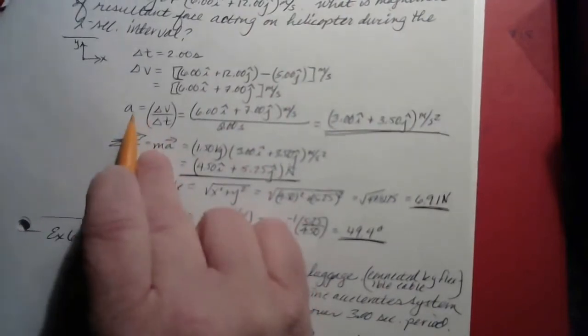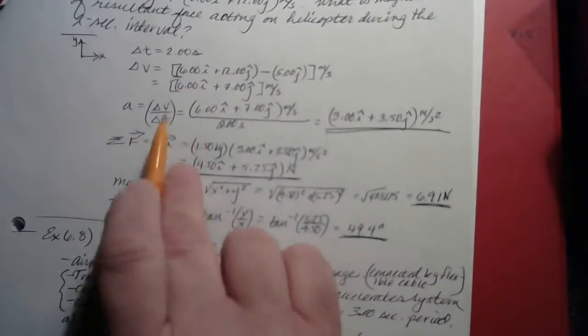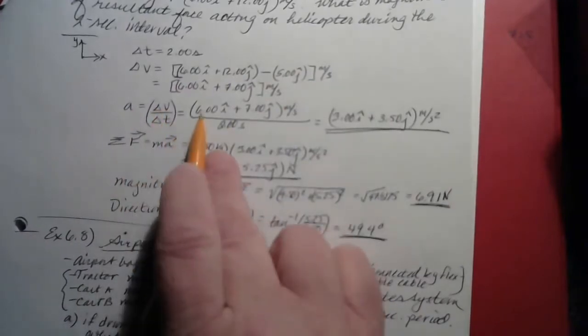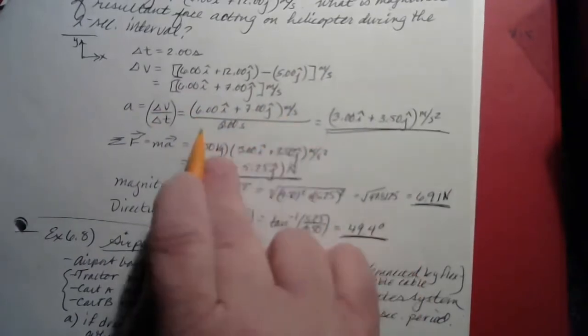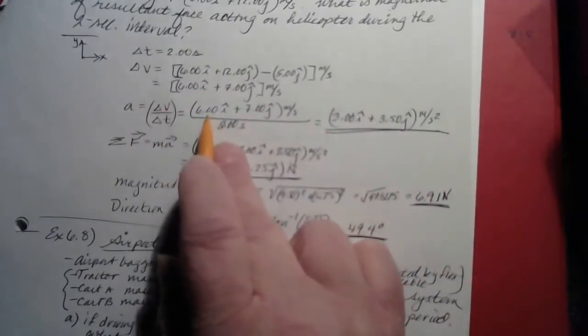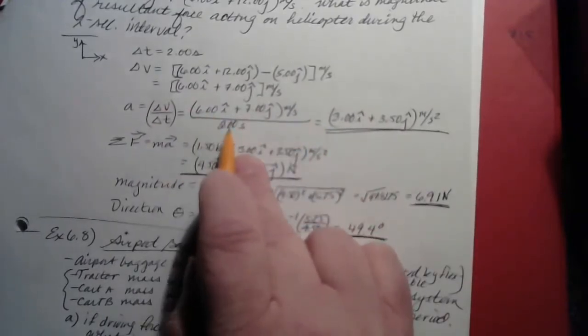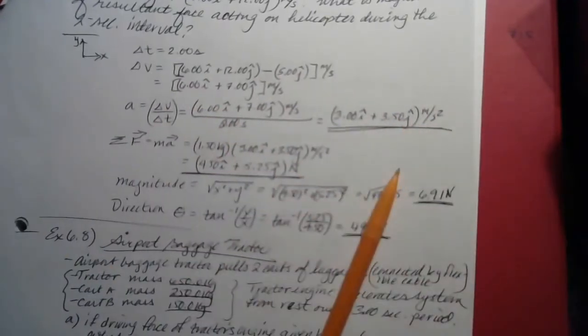That's the change in velocity during this 2-second period. Average acceleration for that period is delta v over delta t. Delta v we just found, 6i plus 7j meters per second. Delta t is 2 seconds. And you can divide a vector by a scalar, 2 seconds being a scalar, because that's really just the same as multiplying the vector by 1 over the scalar, which is itself a scalar.